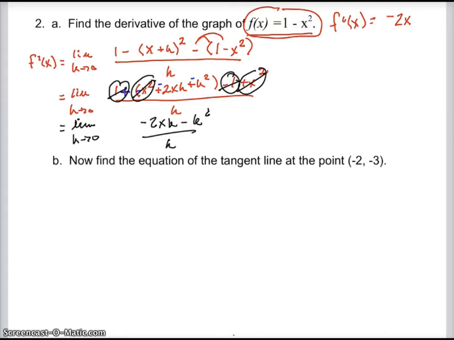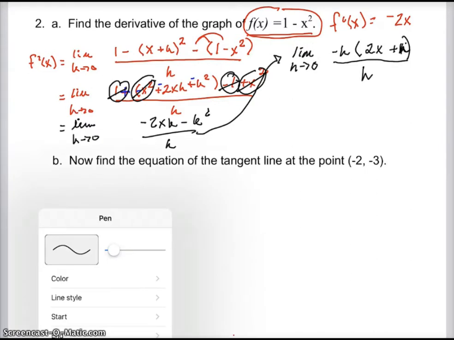Is it okay to put 0 in the place of h? If I do that now, I'm going to end up with 0 minus 0 over 0. So we know that we have not yet canceled the common factor. So I notice that the numerator has a GCF of negative h, so I will factor that out, all divided by h.